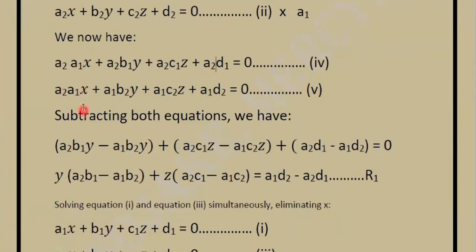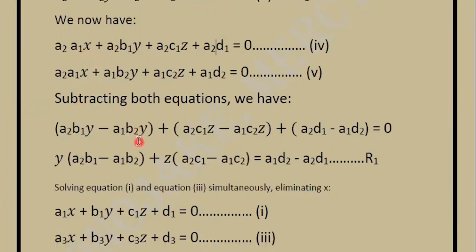Okay, let me come again. If you notice, in these two equations, the coefficient of x is the same in both, thereby making it easy to eliminate x. And then we subtract. In subtracting, these will cancel out. We are now left with this part of the equations.